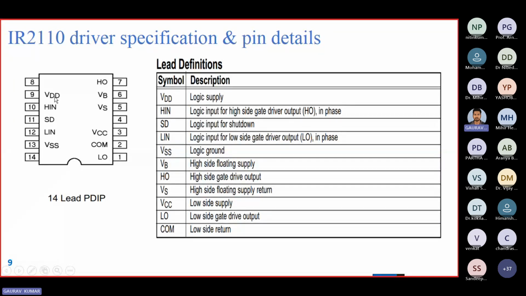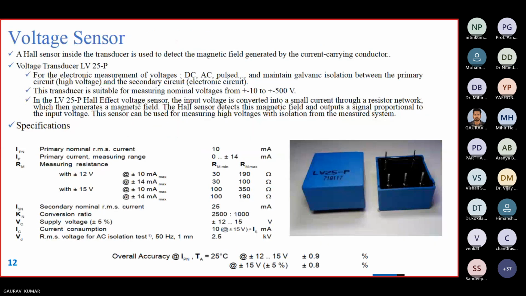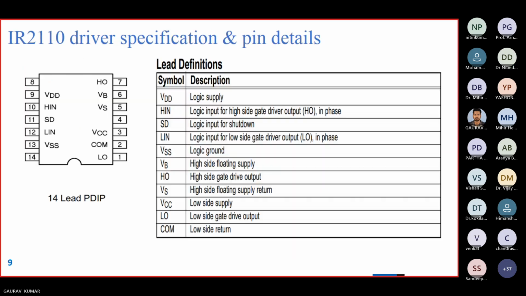Here VDD is the supply voltage. Here we can give the 15 volt supply voltage or 12 volt supply voltage. HIN stands for the microcontroller high pulse, means the pulse by which we drive the higher side MOSFET. Okay. Higher side MOSFET.